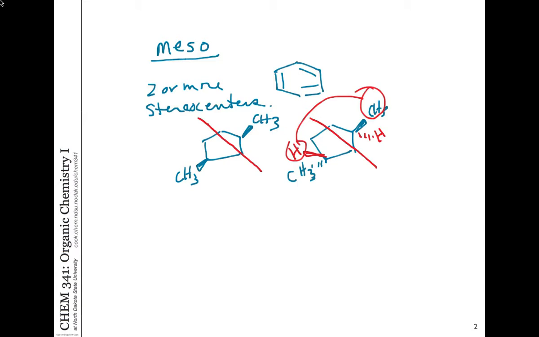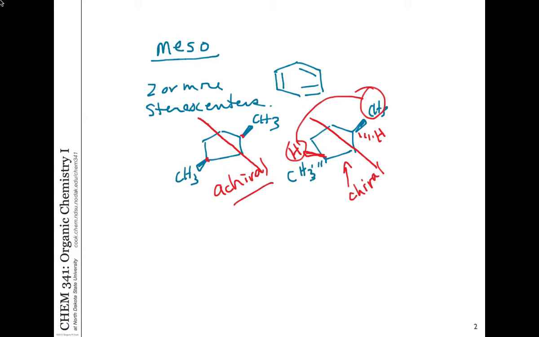Since there is no plane of symmetry that you can find in this molecule anywhere, its mirror image is going to be different. So this is a chiral molecule, and this is an achiral molecule. Achiral because its mirror image is identical, although it has 2 stereocenters on it.